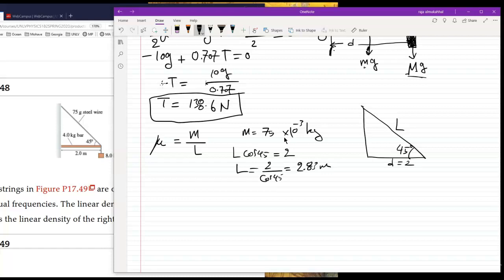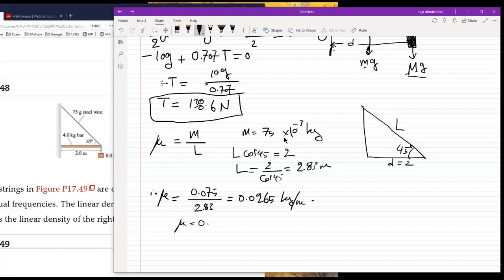Therefore the mu value is the mass, which is 0.075, divided by 2.83 meter. 0.075 divided by 2.83 equals 0.0265. So the mu value is 0.0265 kilogram per meter.